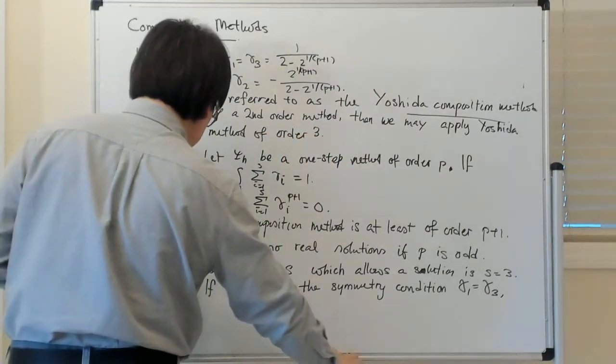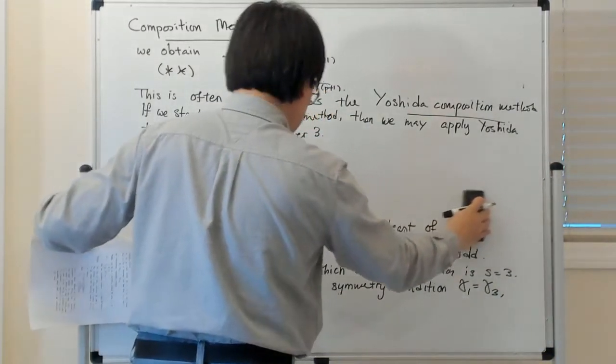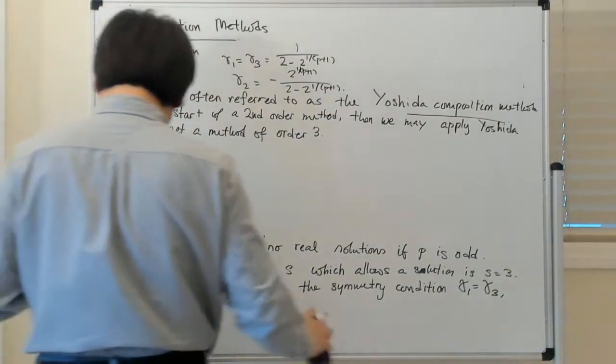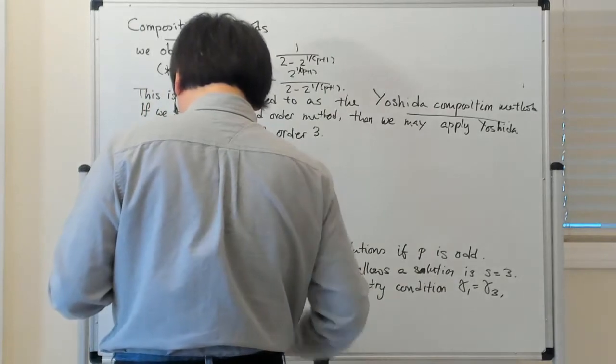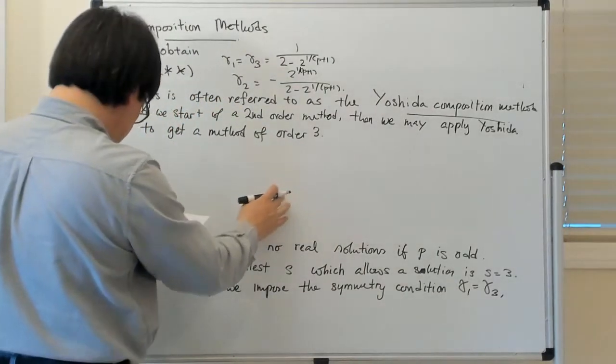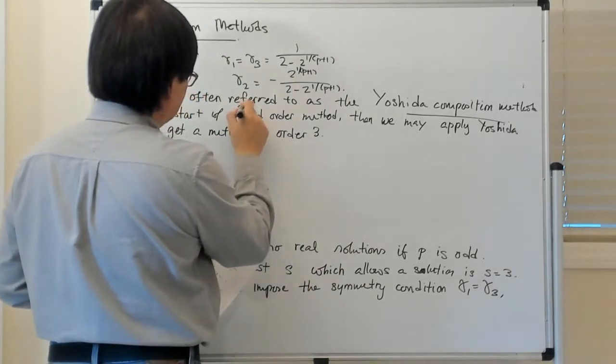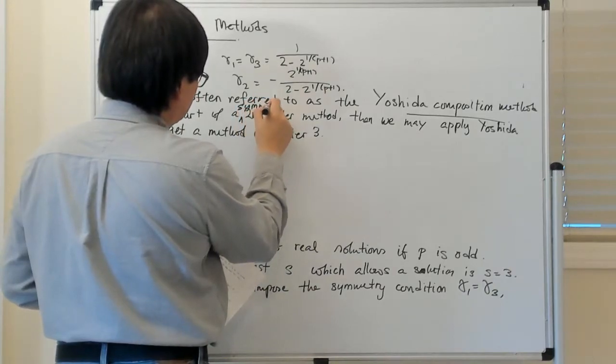Actually, it turns out that it's going to be order 4. I should say, for a symmetric second order method.